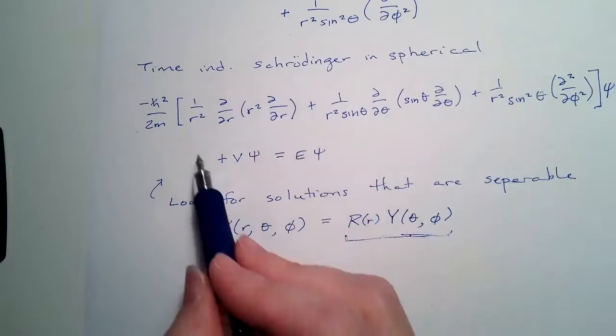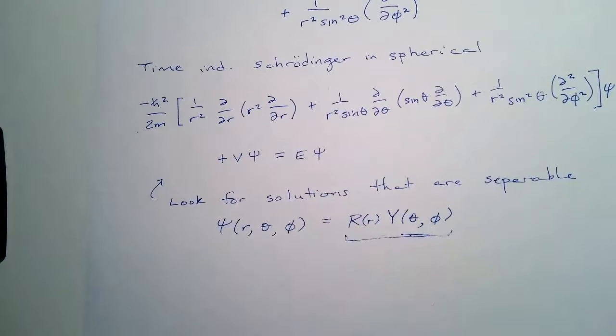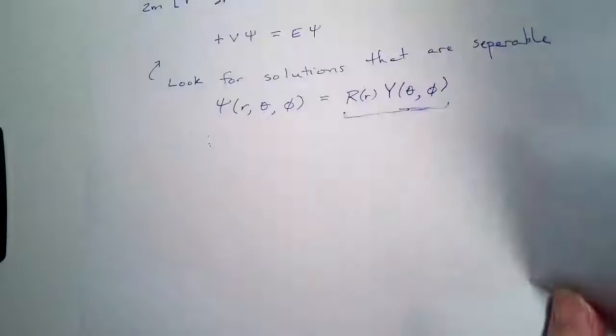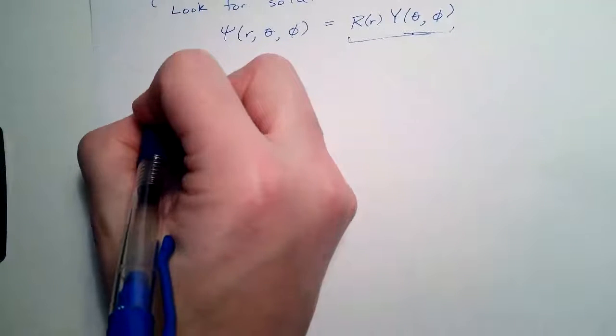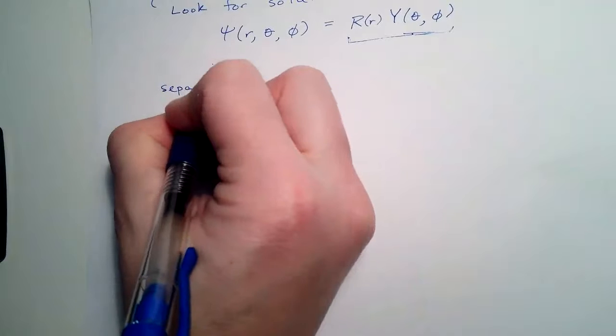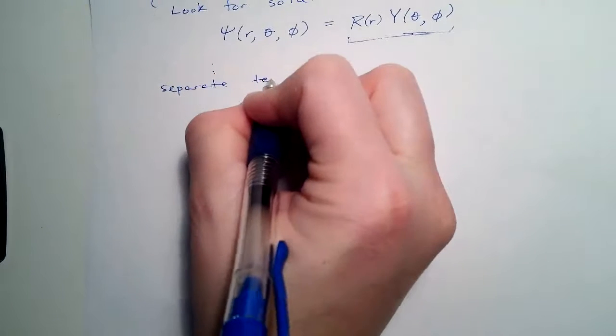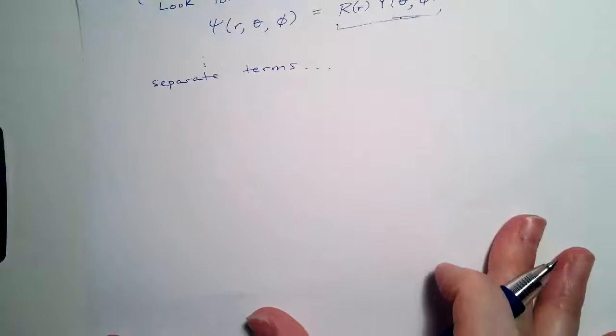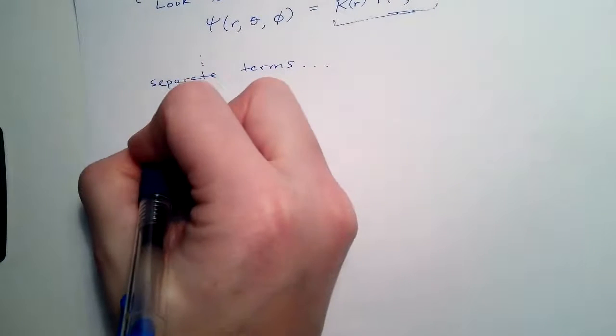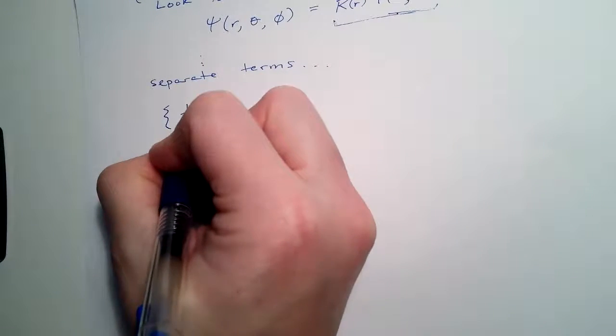Once you have all those derivatives taken, you are going to put them in there and move things around to separate, right? So hence the idea of separable solutions. So you're going to separate terms, and in this equation, you're going to collect all of the radial things together.